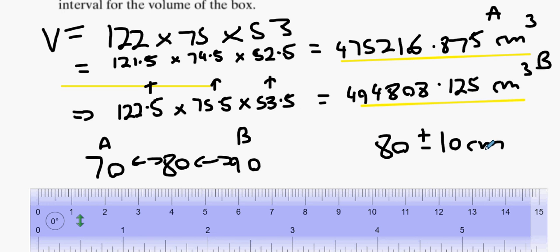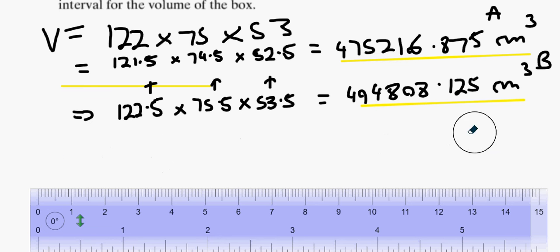How would you do it for the numbers on the board? What would you do? You add A and B together and divide by 2. When you add A and B together and divide by 2, what do you get? 012.5.